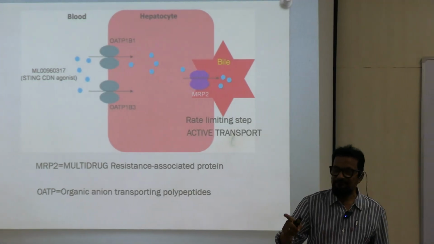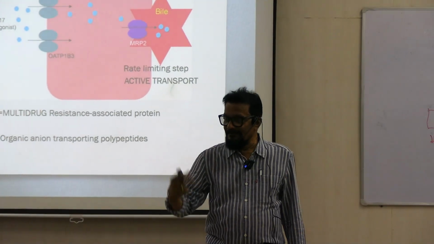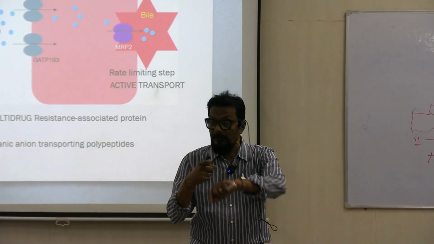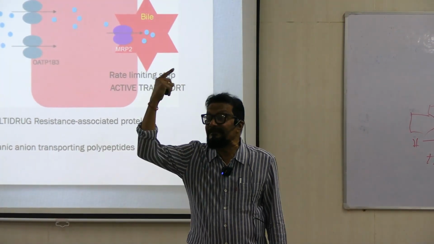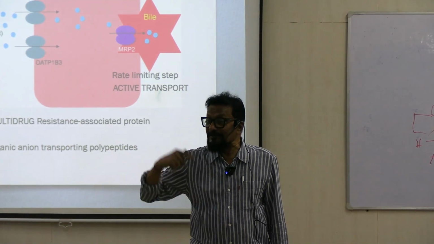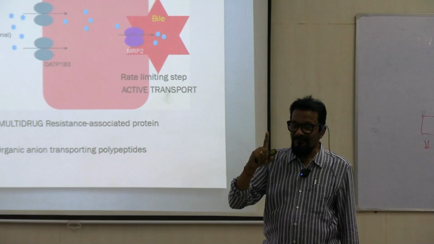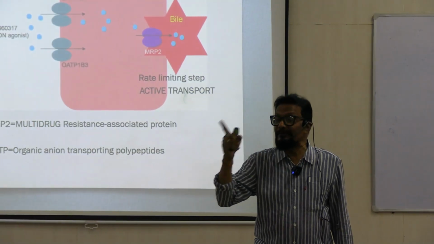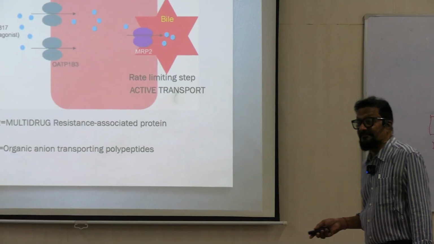Without this, pumping of conjugated bilirubin out of the cell is not possible. So there can be a genetic disorder, and in such a genetic disorder, excretion of conjugated bilirubin is not possible. We will come to what these diseases are.